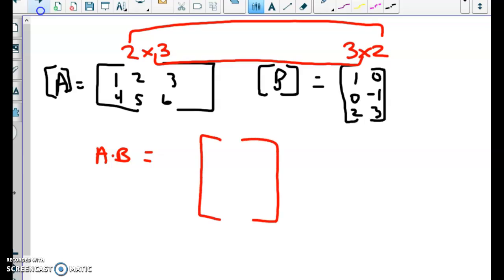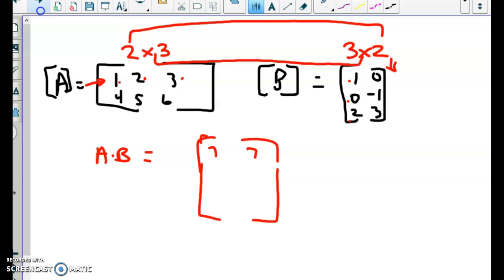So I'm going to take 1, 2, 3 times 1, 0, 2, and so it would be 1 times 1 plus 2 times 0 plus 3 times 2, and that's going to go in that first position. And that looks to me like I get 7. And then I'm going to take the first row times the second column to get first row, second column, which gives me 7 also.